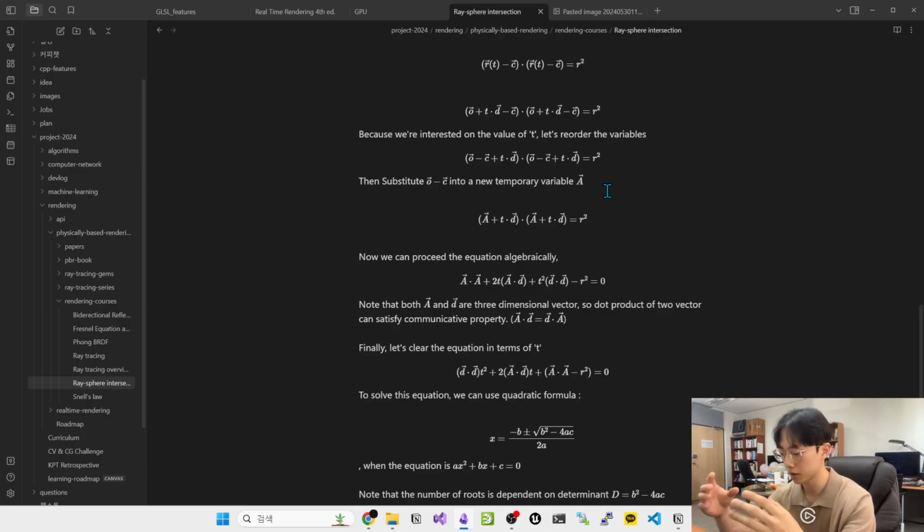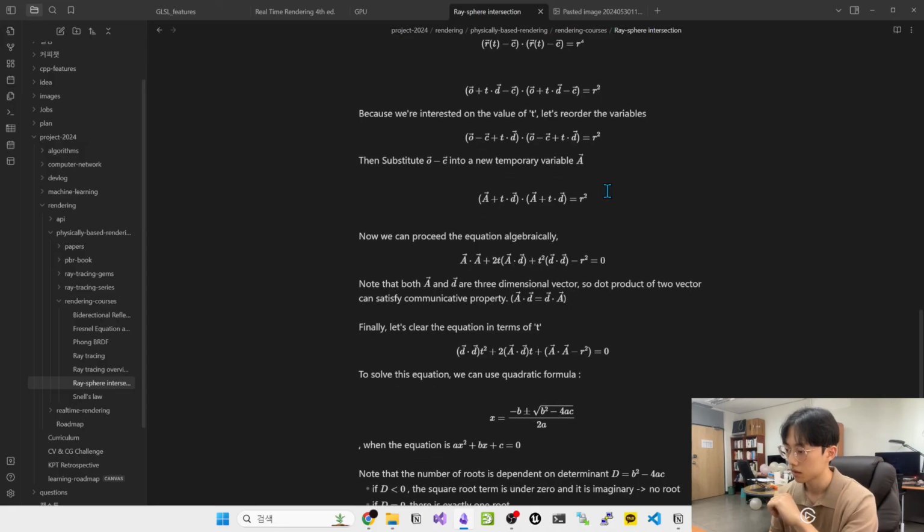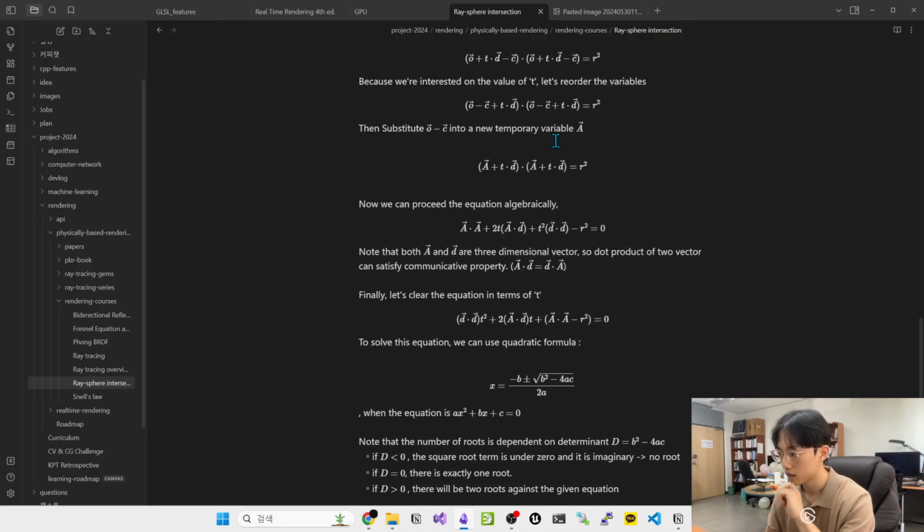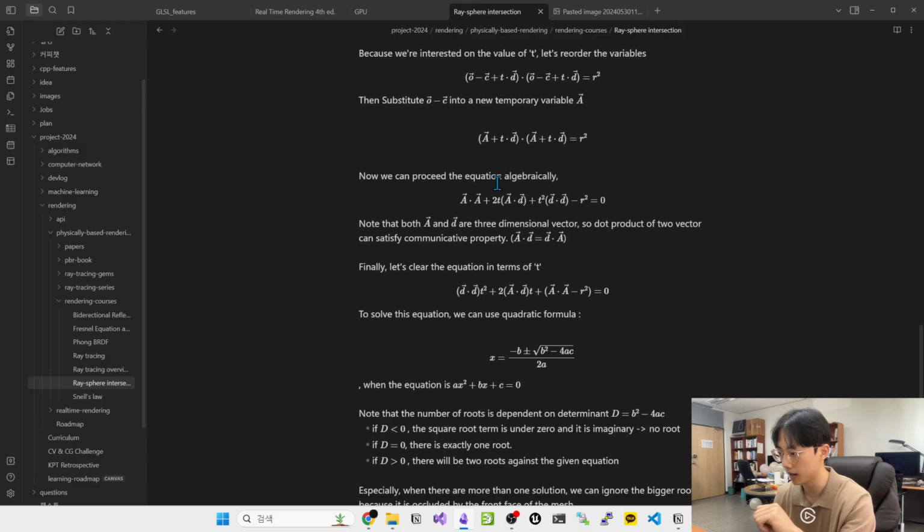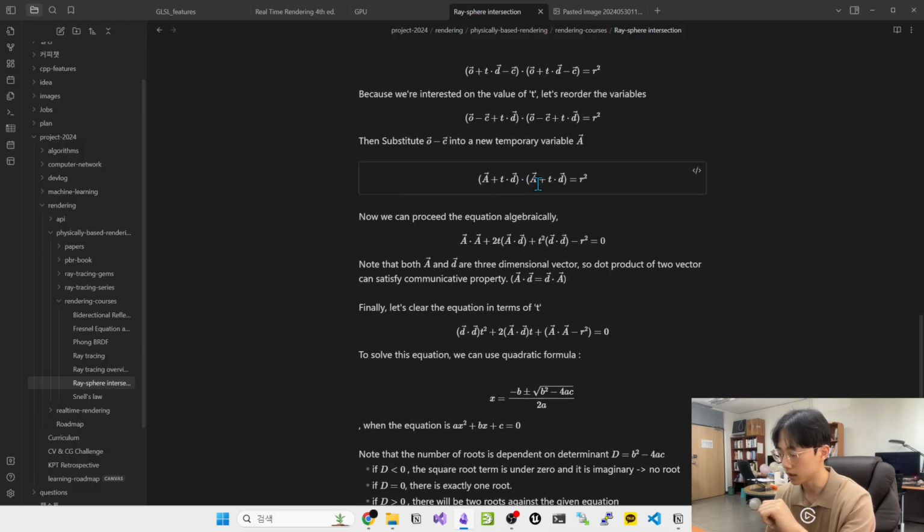Because we know the origin and the direction of the ray, what we want to know is the value of t, so that we can know the intersection point on the sphere. So we can reorder this equation in terms of t by substituting O minus C as a, plus tD, and the dot product of itself.